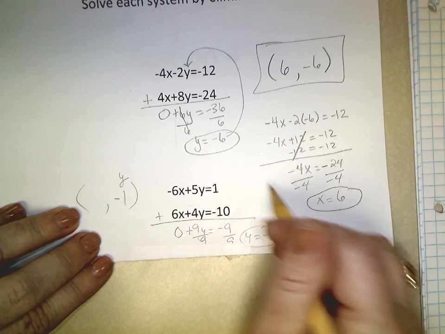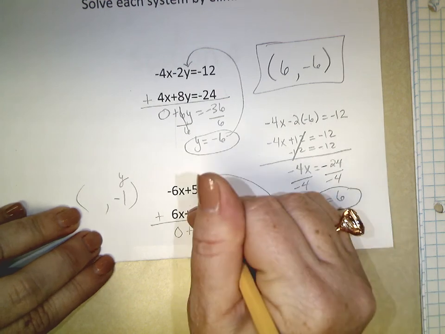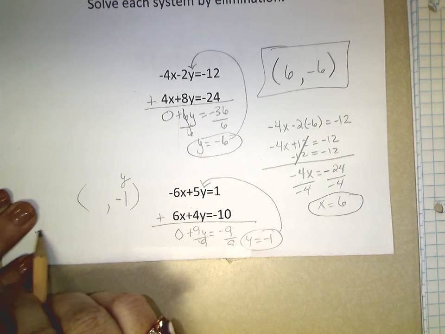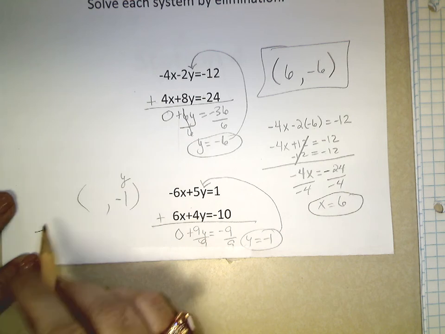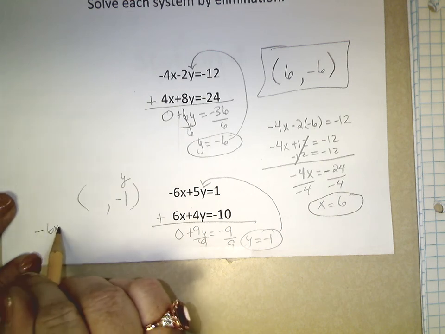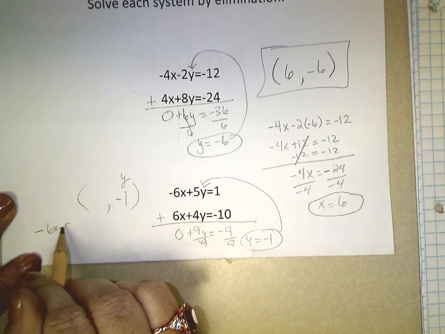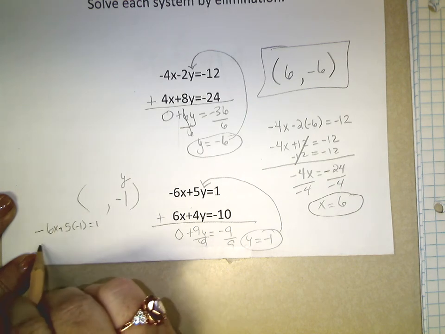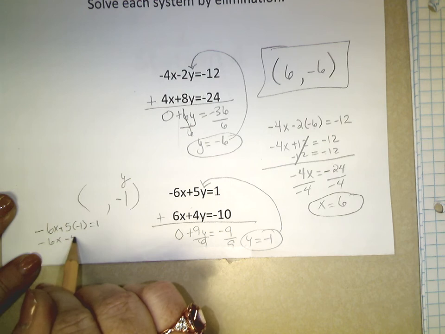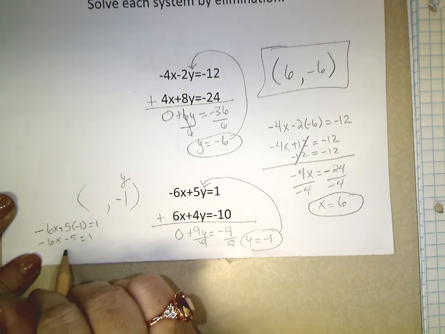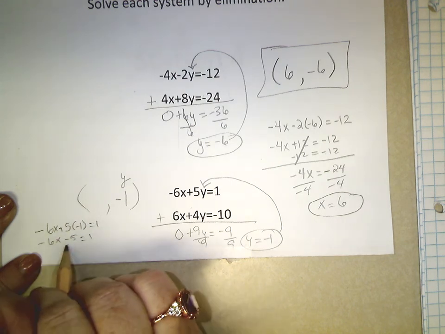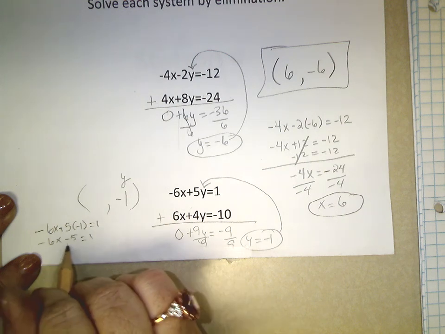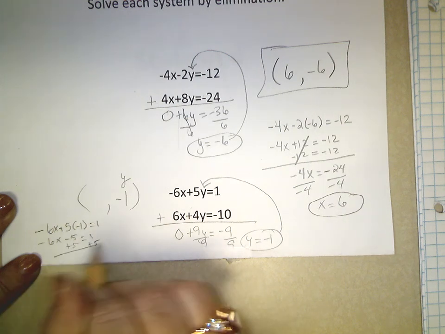Now we just have to put this back in for y. So now I don't have a lot of room. I'm going to move over here. Negative 6x minus, well, that's a plus, 5 outside of negative 1 equals 1. Negative 6x minus 5 equals 1. Add 5 to both sides.